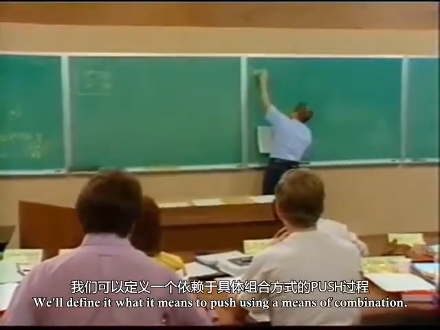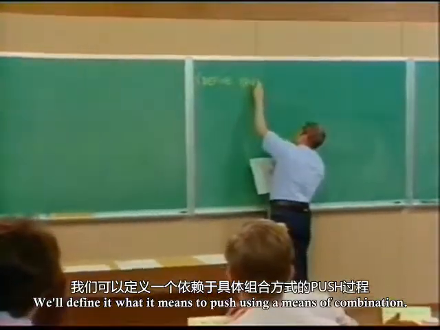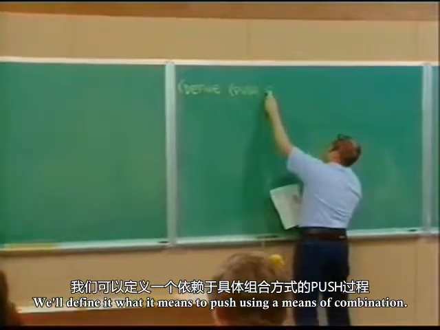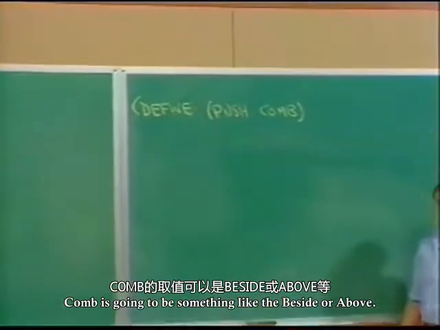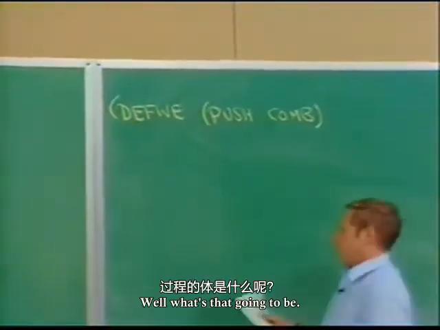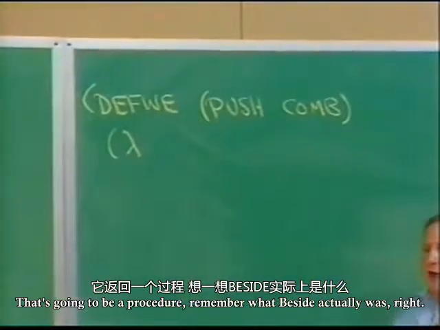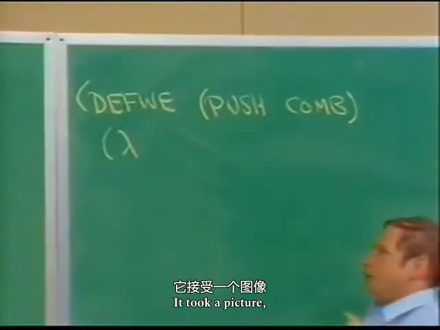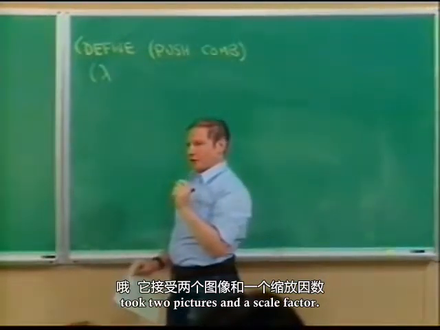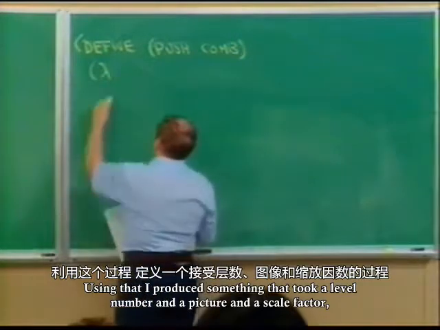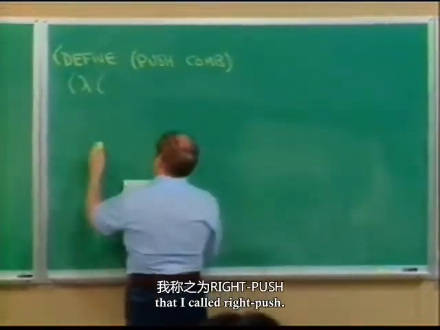We'll define what it means to push using a means of combination. And comb is going to be something like beside or above. Well, what's that going to be? That's going to be a procedure. Remember what beside actually was. It took 2 pictures and a scale factor. Using that, I produced something that took a level number and a picture and a scale factor that I called right push.